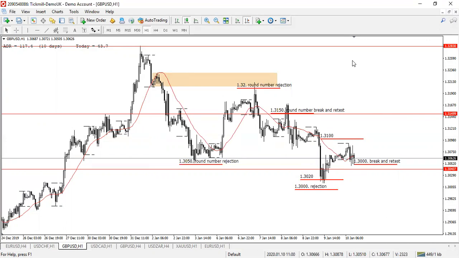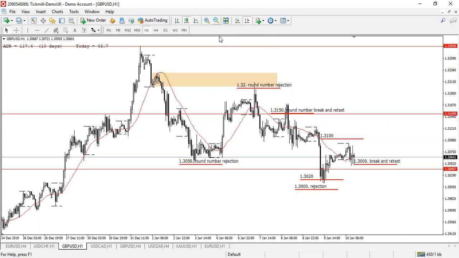Another reason for me to expect a push up is because they have cleared stops here. Let me show you. They have cleared stops that were in this area here. So that's why I'm positive that they will push up. This is 1.31.